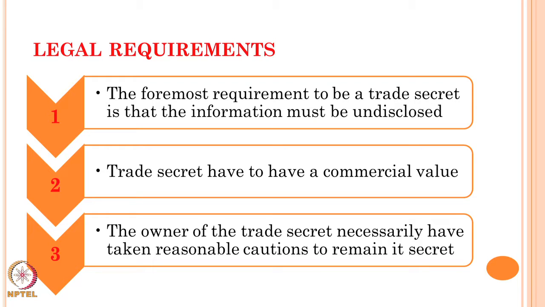In copyright also, only after disclosing the written material, the music or the art do you have the copyright on it. In trademark also, without putting the mark, without registering and disclosing the trademark, one cannot have a legal right to protect that trademark.